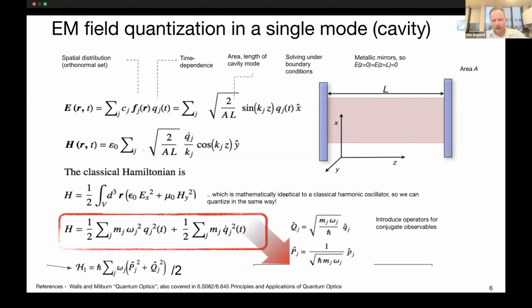Okay? And then if you write this out, you say, oh wait, this actually is mathematically identical to the form that you'd have for a classical oscillator, right? For a classical harmonic oscillator, we have an energy that's equal to k z squared, where z is the extent. If you have a mass on a spring and you pull the spring away from its equilibrium position by a distance z, then there's a potential energy of 1/2 k z squared.